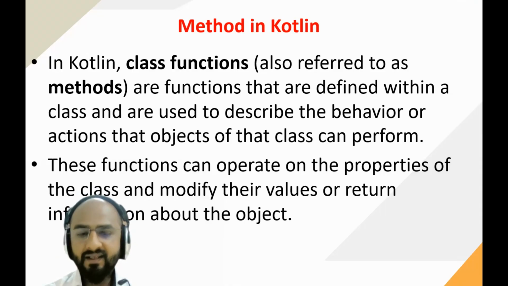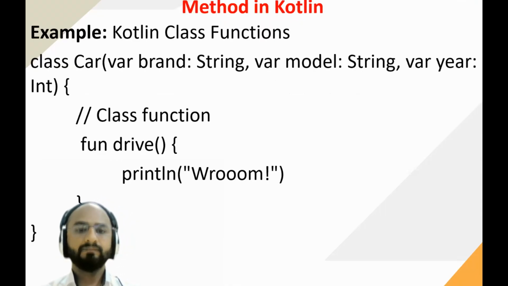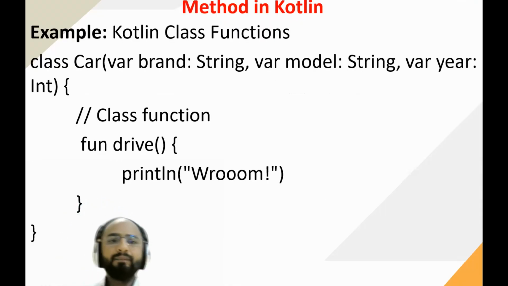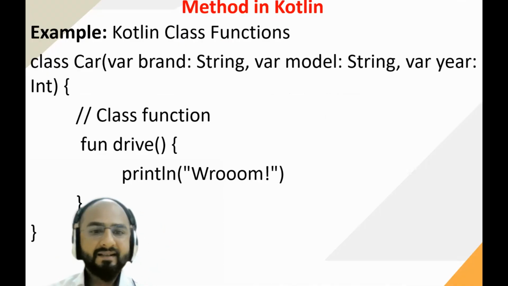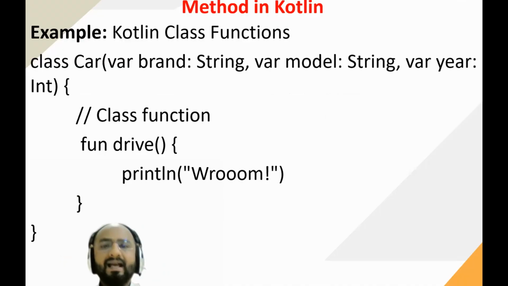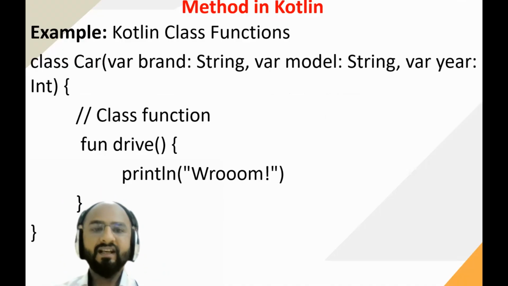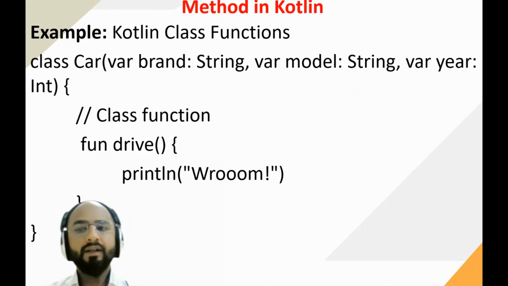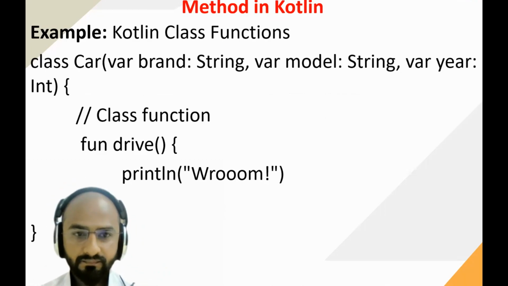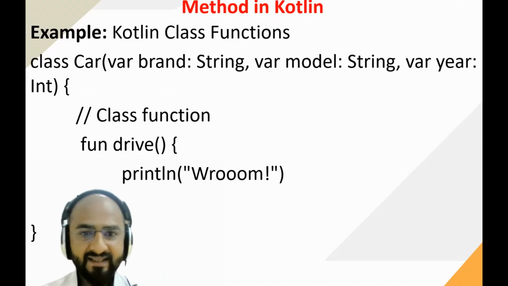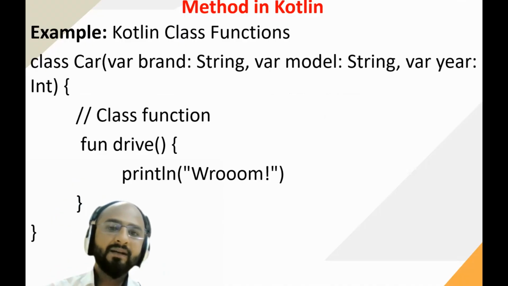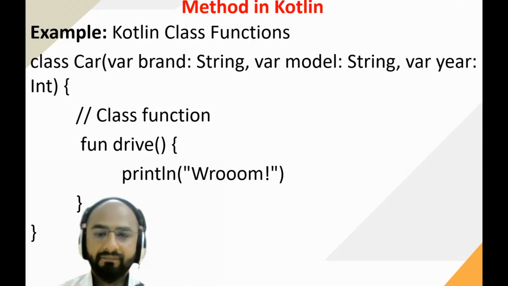So now let's see how to create a method. Here I have given the example of a car class. In that class car, I have created three properties: var brand of type String, var model of type String, and var year of type Int. So this car class has three properties: brand, model, and year.